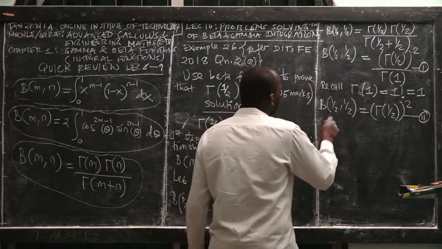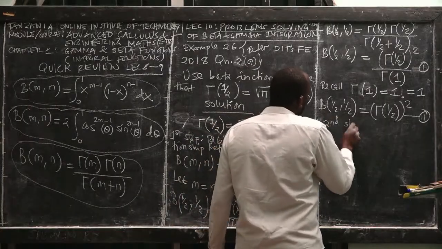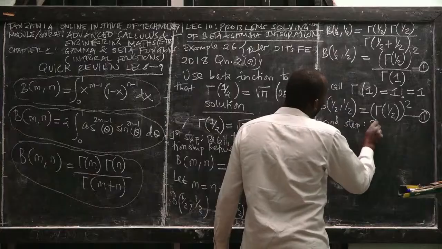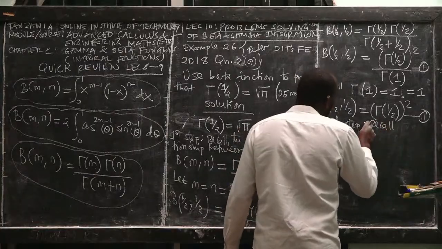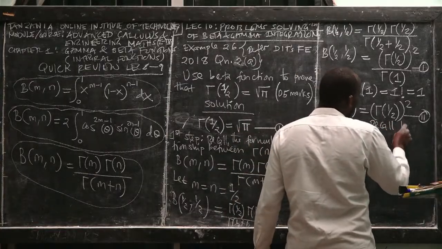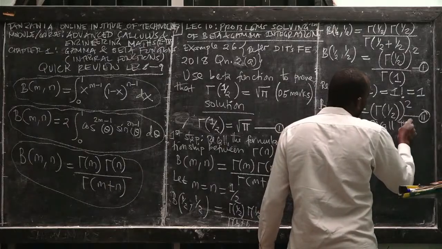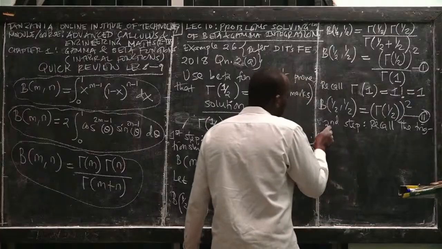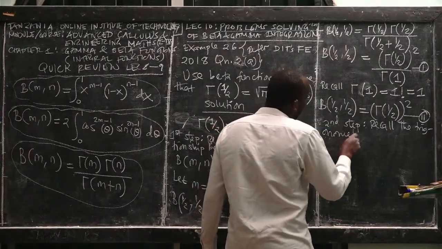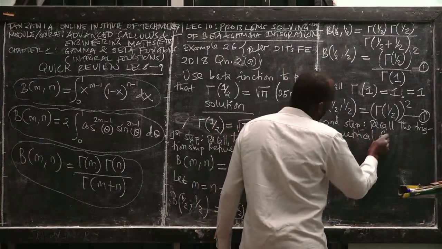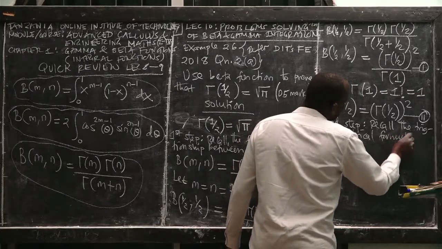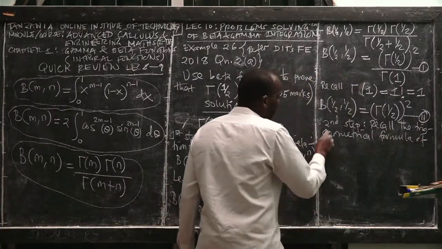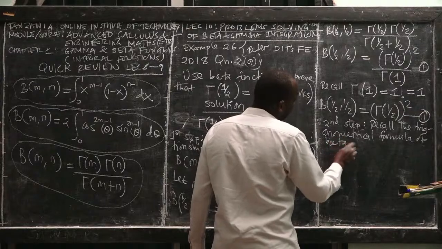Second step, we recall the trigonometrical formula of the beta function.